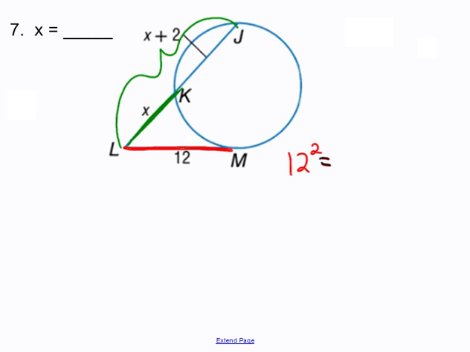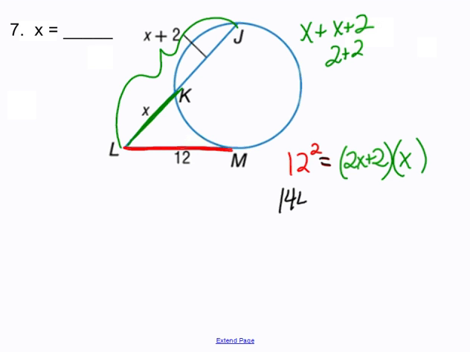That is going to be x plus x plus 2, so that's going to be 2x plus 2. 2x plus 2 times the outside, which is x. All right, let's do this. So 144 equals 2x squared plus 2x.